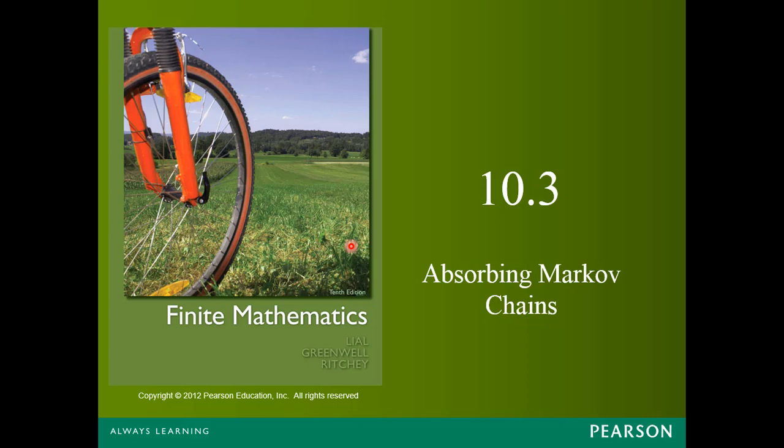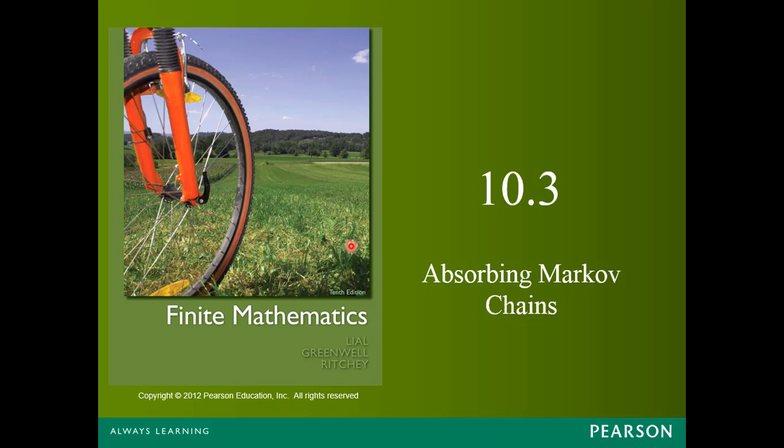So suppose we have a transition matrix, and we're going to look at some examples of P matrices where we can have some absorbing states, what that means, and how we work with them.